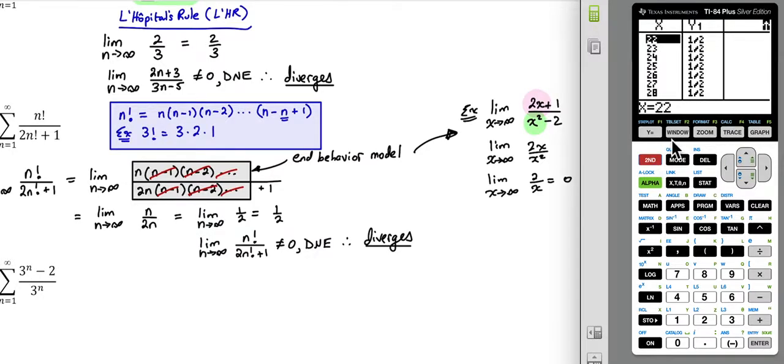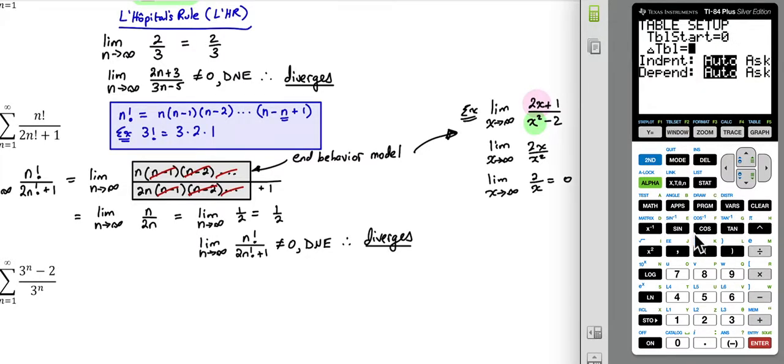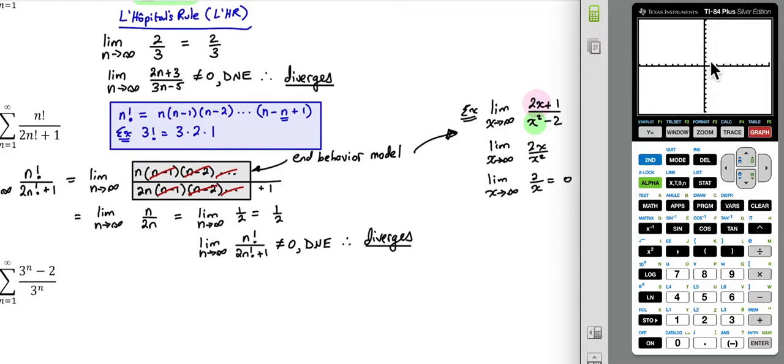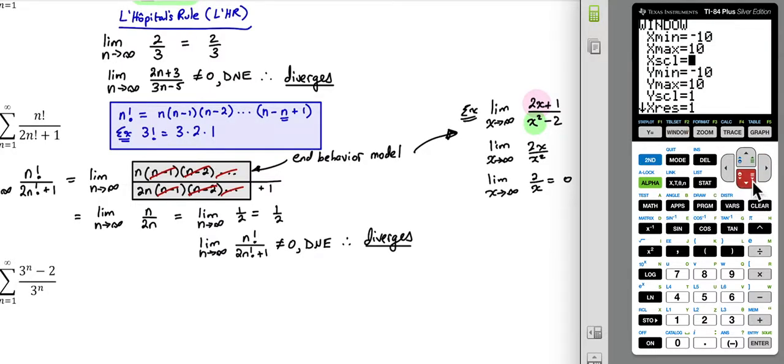I'll bring it back to 0 and 1 for my setup. At 0, I should have a 1/3. At 1, I should have a 1/3, then 2/5, and so on. But it's not giving me anything because the calculator is just having a disaster of a time trying to evaluate this.